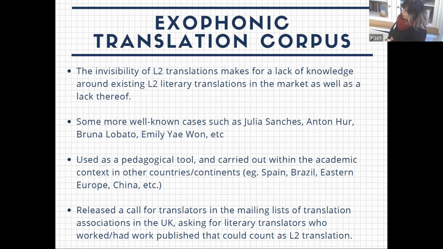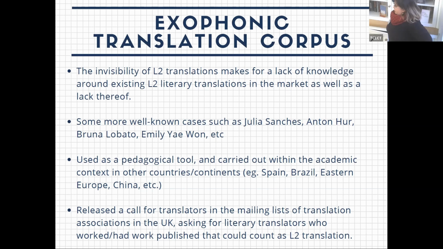There are some well-known cases, well-known meaning for some people who are interested in this specific type of translation, obviously. These are Julia Sanchez, who translates from Portuguese, Spanish and Catalan into English, Anton Hur, who translates from Korean, Bruna Lobato from Portuguese, and Emily Yae Won from Korean as well. There are also other examples.